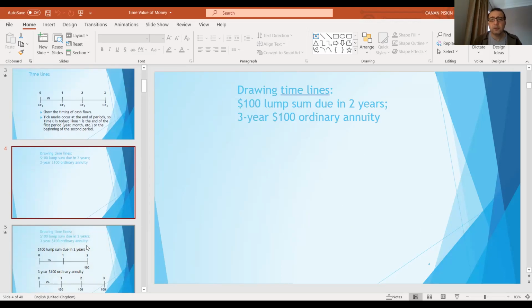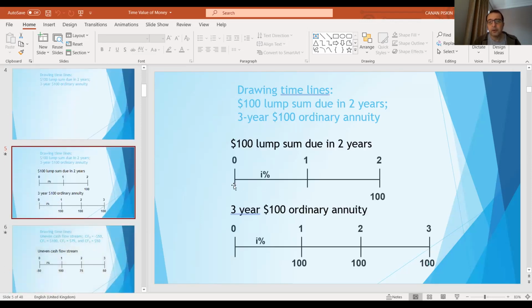Let's draw a $100 lump sum due in 2 years and a 3 year $100 ordinary annuity. So we have two different cash flows in this example. If you draw the first one, a $100 lump sum due in 2 years, here is the cash flow, right?